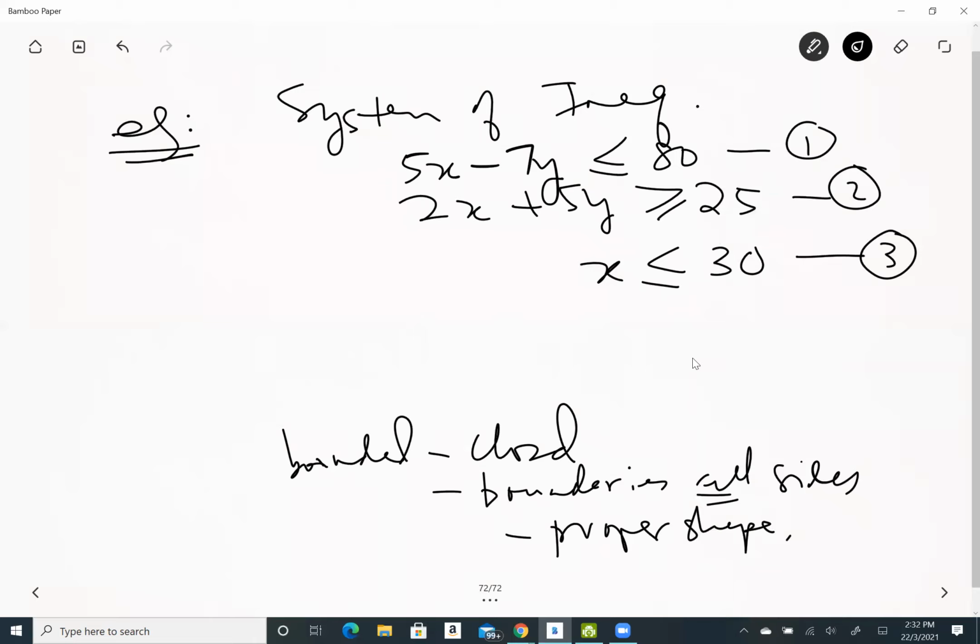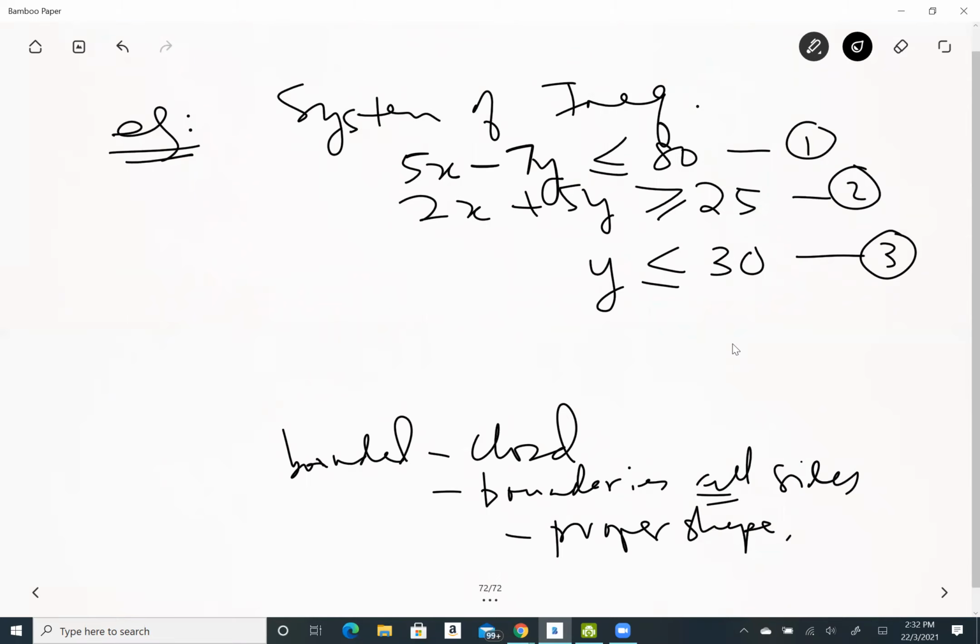Wait. It shouldn't be x. It is y. If it is y, then is it a horizontal or vertical line? Actually, it is y, not x.